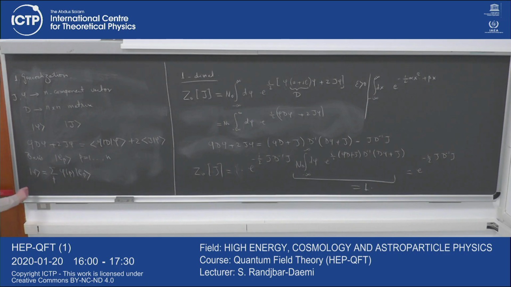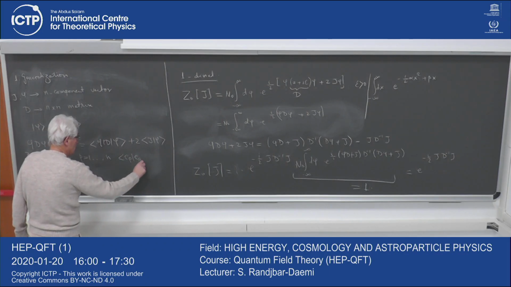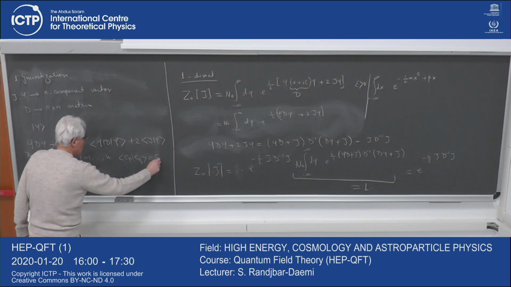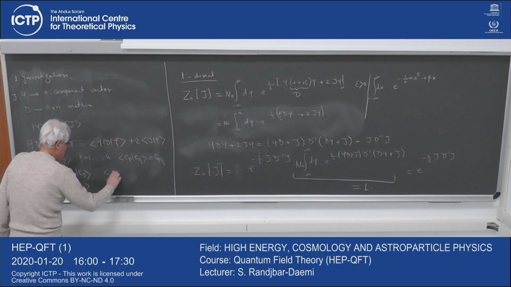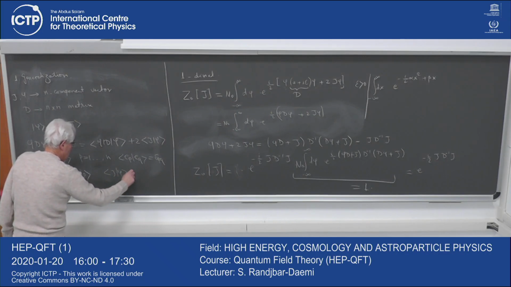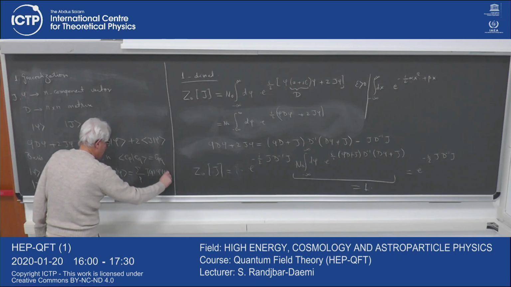And likewise for j, the bases are orthonormal. Therefore, j phi in terms of components is sum over p of j of p, phi of p.